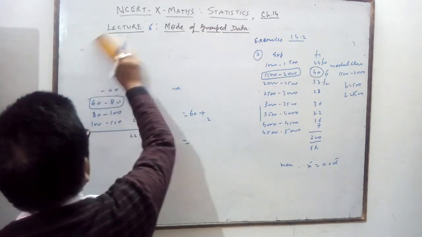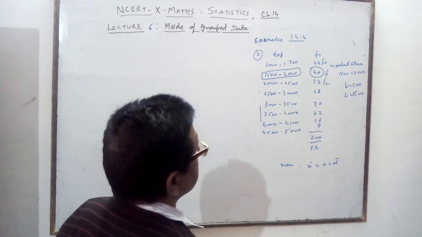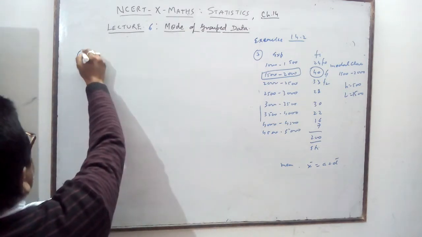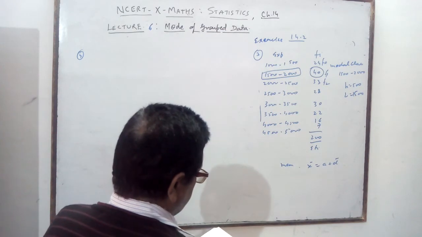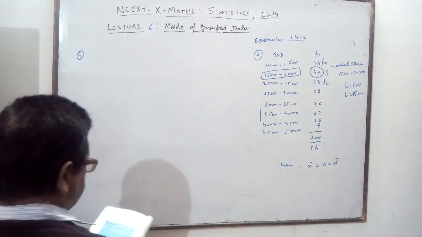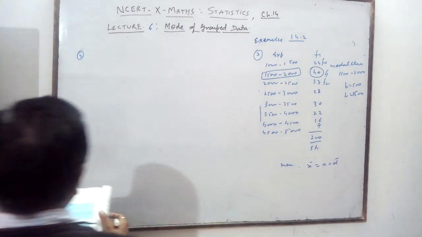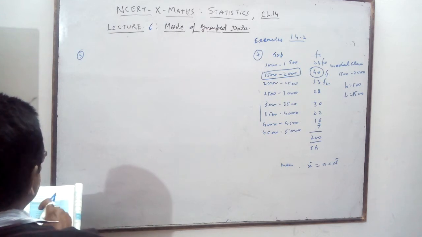Question number 4 is given here. The following distribution is given for state-wise teachers. You have to find and interpret the two measures, mode and mean.